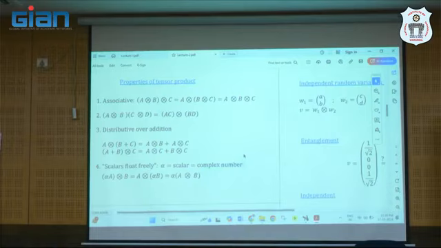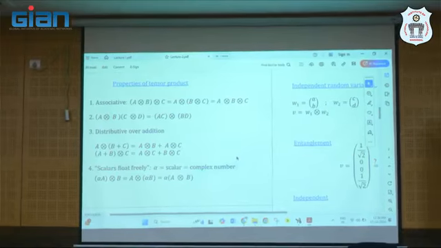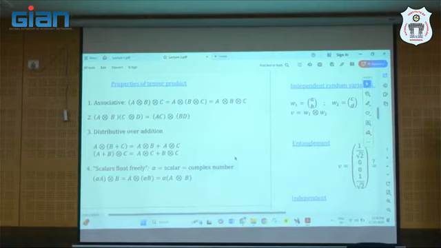Bracket means that operation has to be done first. Remember, a bracket always takes the precedence, so we do inside the bracket first. Suppose I do this first, then I do the second tensor. It is the same as first I tensor B and C, then I tensor A from the left.